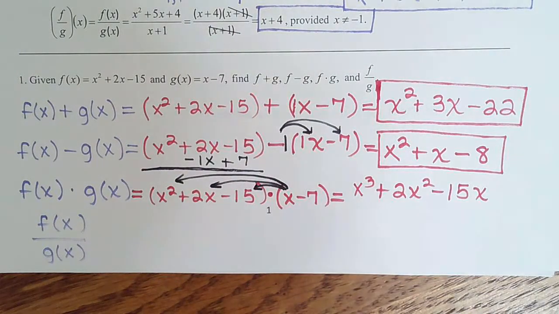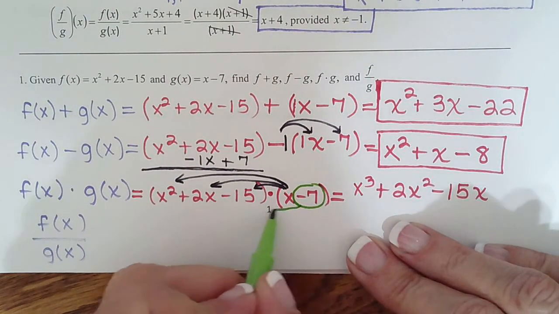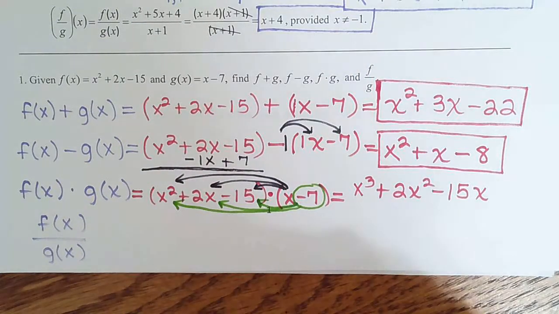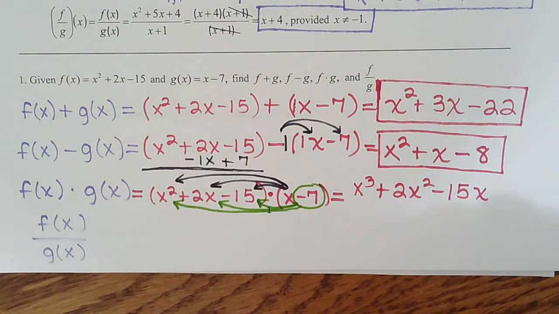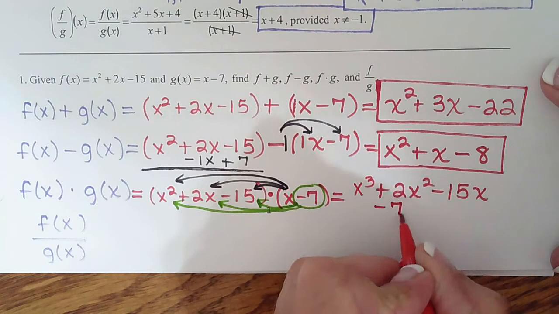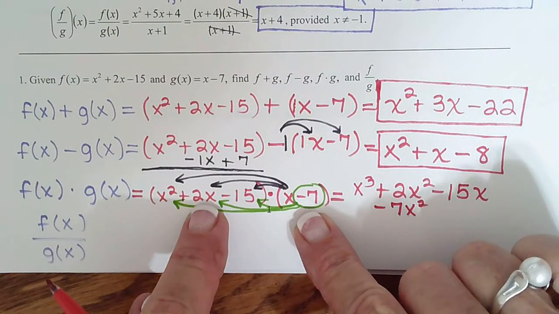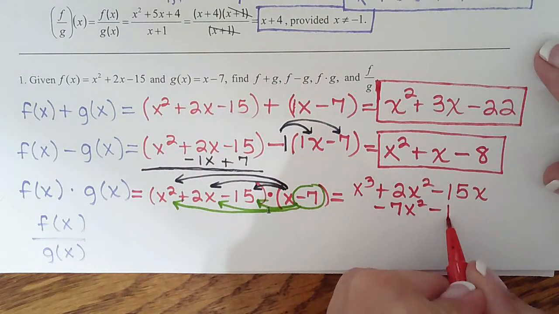Then we have to take the second round and do the same thing, which would be negative 7. So not just 7, negative 7 times x squared times x times negative 15. So negative 7 times x squared would be negative 7x squared. And then negative 7 times 2x would be negative 14x.